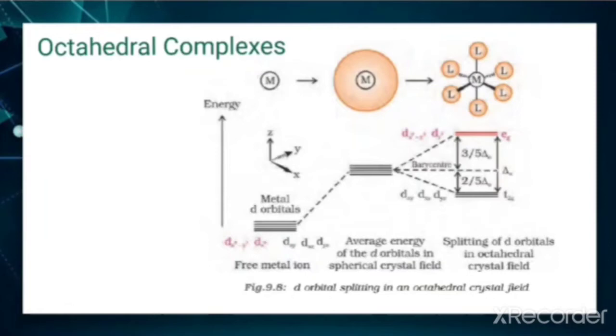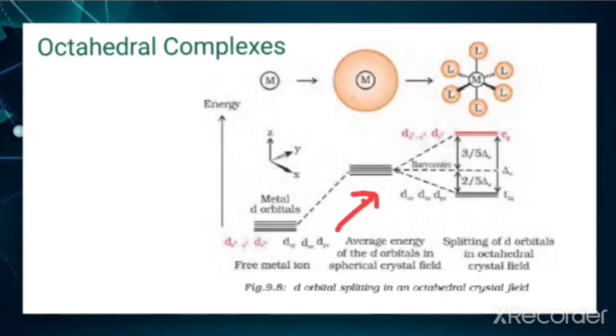But when a ligand, either a negative ion like Cl negative or a neutral ligand, approaches the central metal ion, the degeneracy gets disturbed. Their energy is slightly lifted up, as you can see here, due to the approaching ligands.